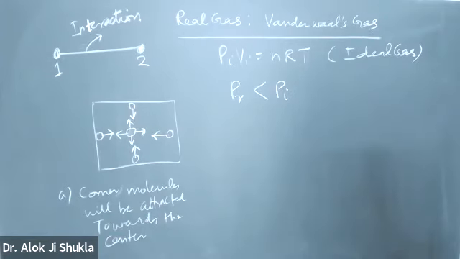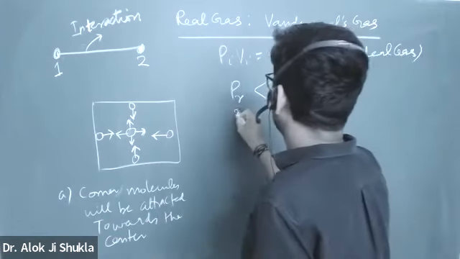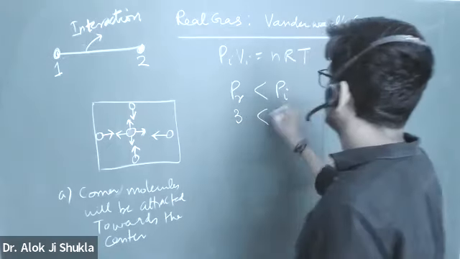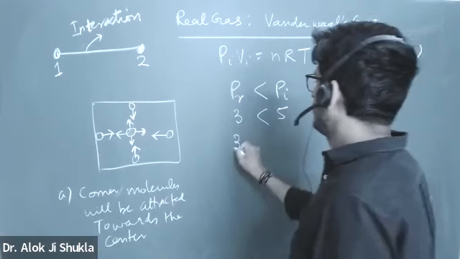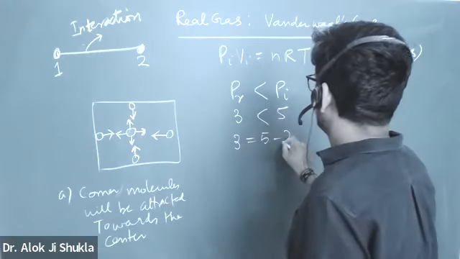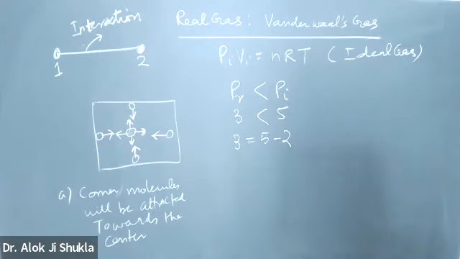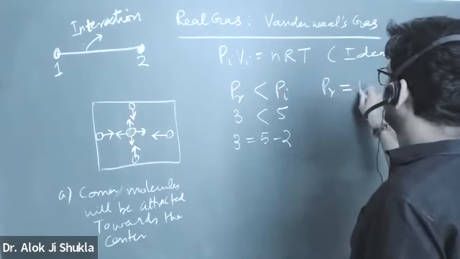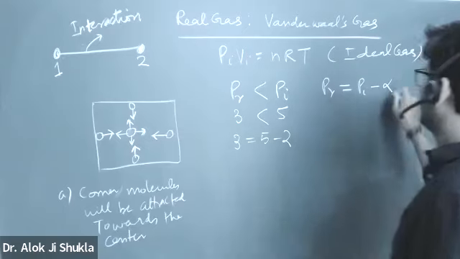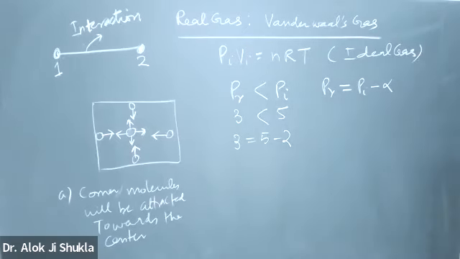If I understand this, it is just like this: 3 is less than 5, yes or no? So I can write 3 equals 5 minus 2. I want to make you understand in terms of numbers. So how can I write this? P_R is P_i minus alpha. Yes or no?